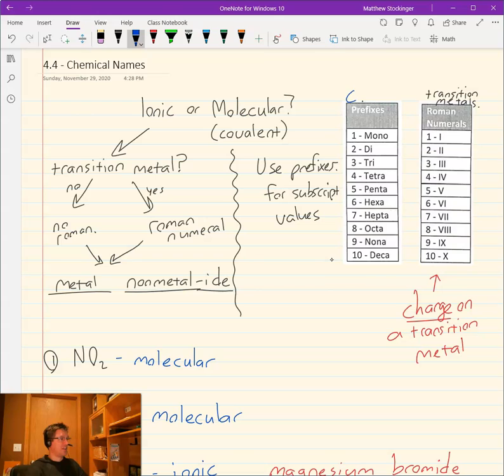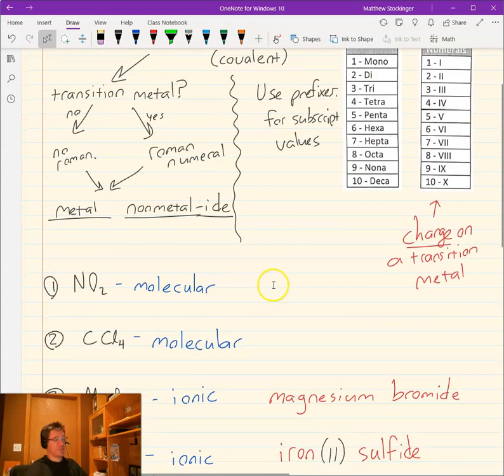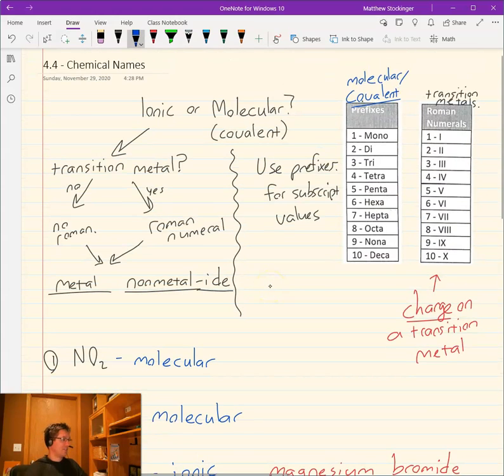Okay, so what I'm telling you is that these are only for covalent, right, molecular compounds. Don't use these prefixes on ionic compounds. Common mistake. Let's take a look at NO2 for an example. Should I use green? Let's switch to green.